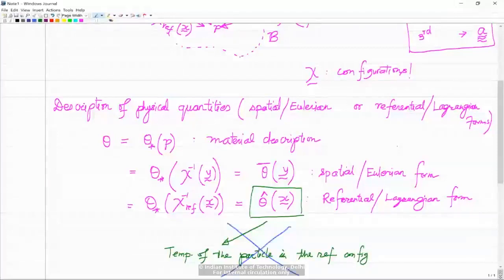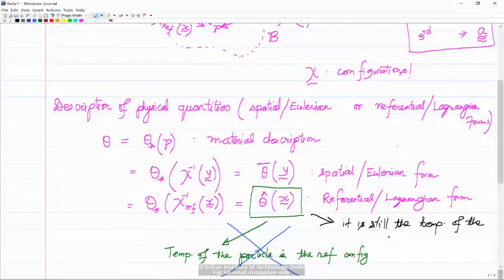It is still the temperature of the particle in the current configuration.